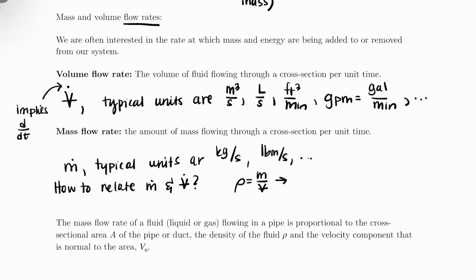So we can write that volume is mass over density, which means that V dot is equal to m dot over density, or we can say that m dot is equal to V dot over specific volume. So Mark, you were right, it comes up.